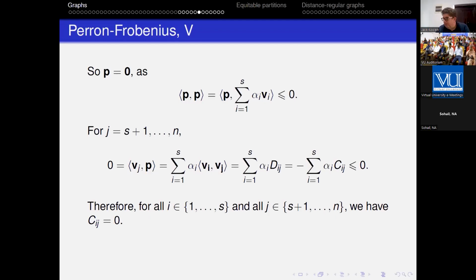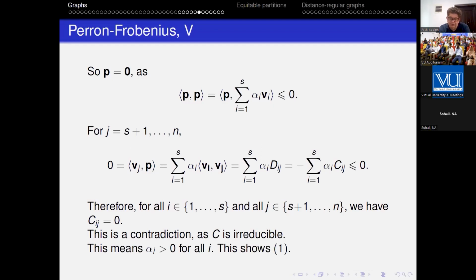So there are no edges between the set 1 to s and the set s plus 1 to n. So that means that the matrix is reducible. And this is a contradiction with our assumptions. So this means that all the entries are positive. And this shows 1.